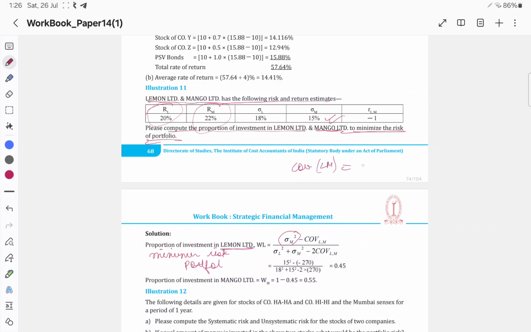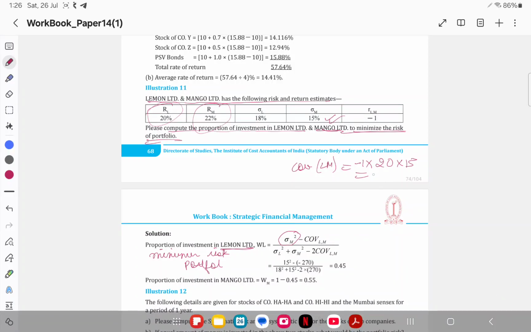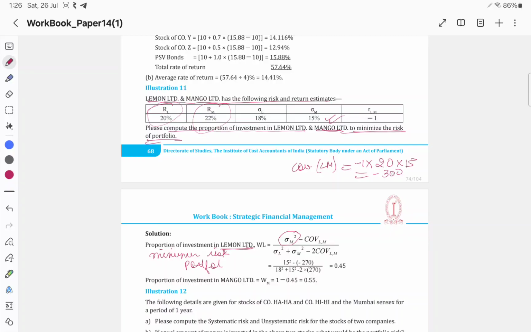It is basically R into standard deviation of L into standard deviation of M. So it will come as 20 into 15, that is, it must come as minus 300. Why have they taken 270? Okay, sorry, I took the return, so it will be 15 into 18.